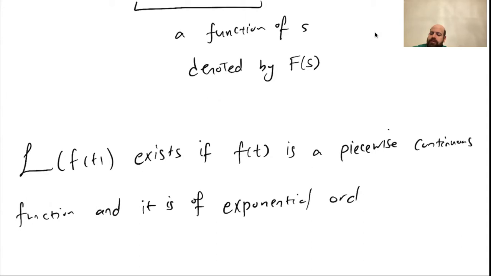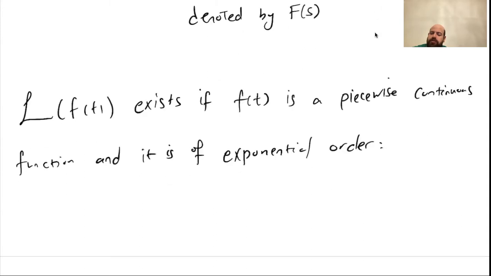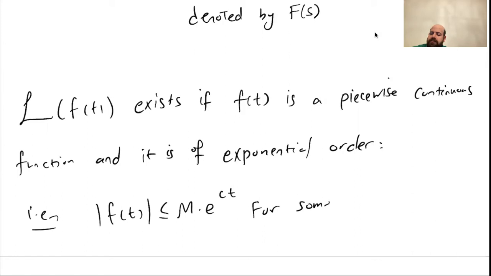And what was the meaning of being of exponential order? The meaning was the absolute value of f of t is less than or equal to M times e to the power ct for some constants M and c bigger than 0.